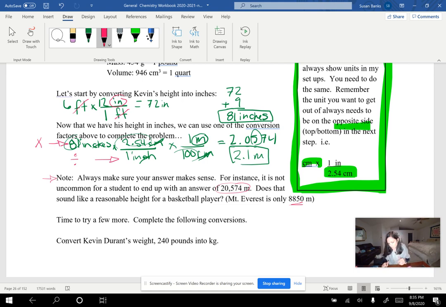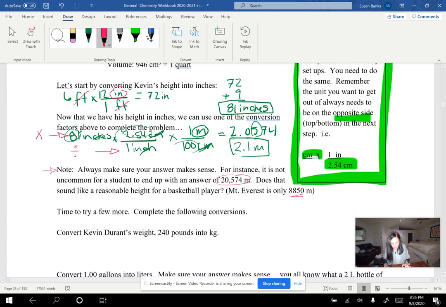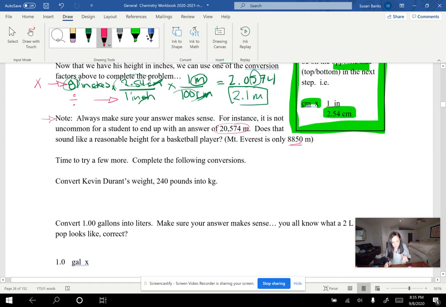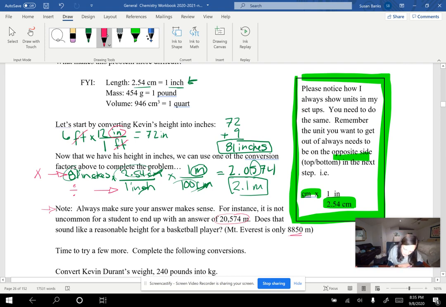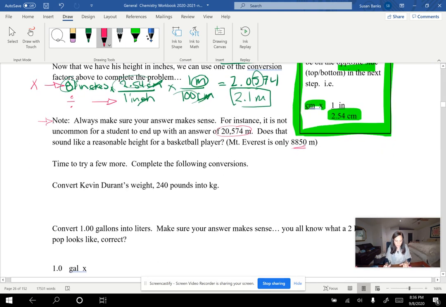Okay, so we're going to try a few more. I want to convert Kevin Durant's weight, 240 pounds, to kilograms. So I am going to use this conversion factor where I can use pounds to get into grams. So 1 pound is equal to 454 grams. So here we go.